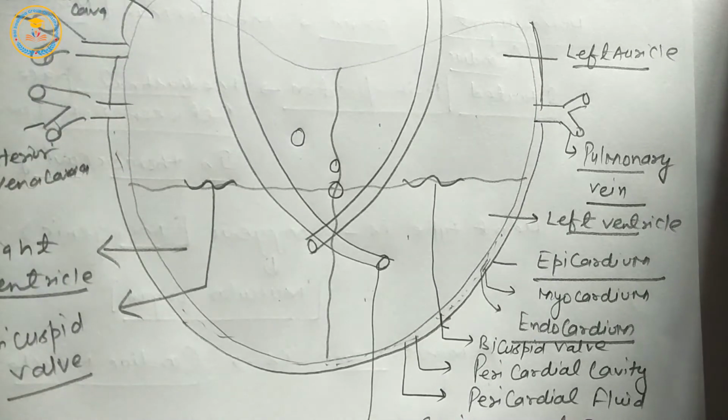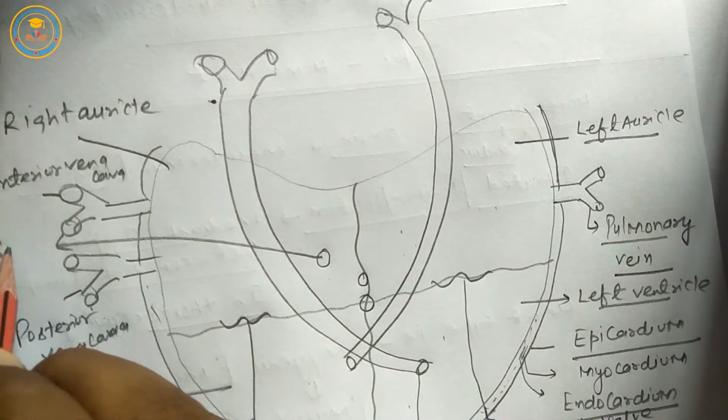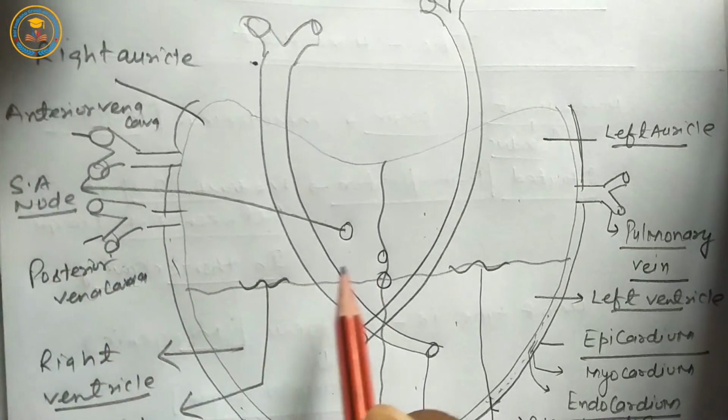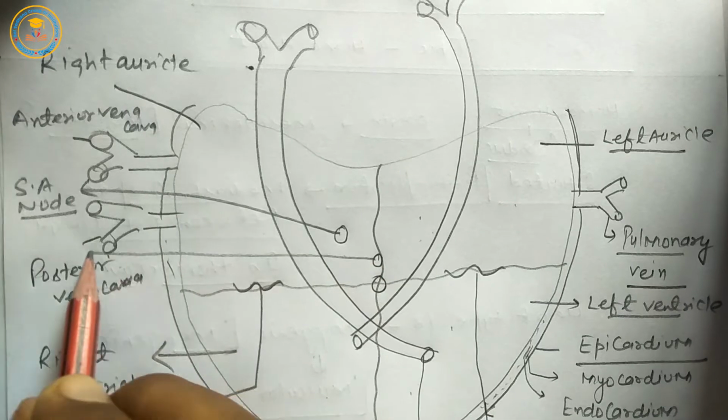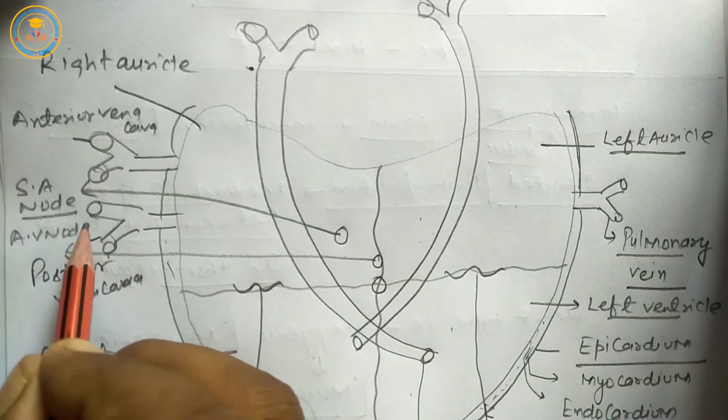Next is, this is a node, sino-auricular node, also known as pacemaker. This is auricular ventricular node, AV node.